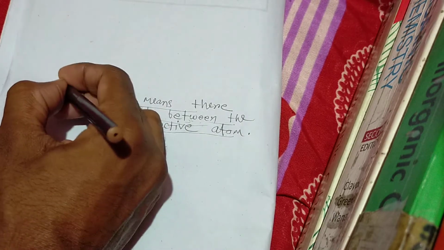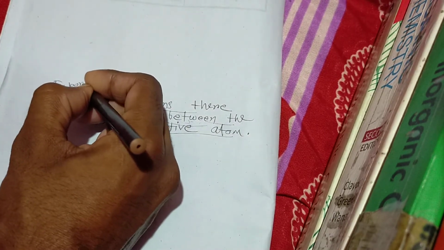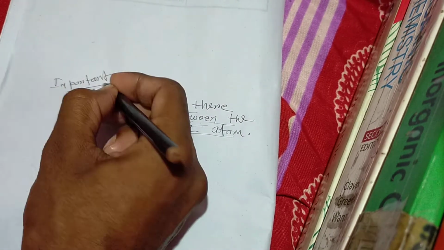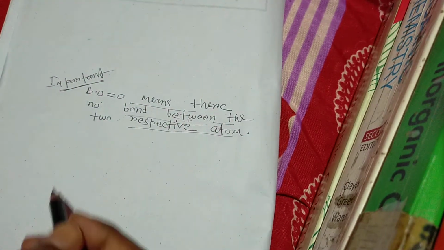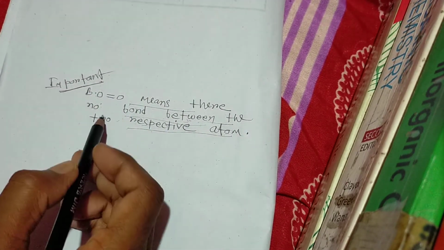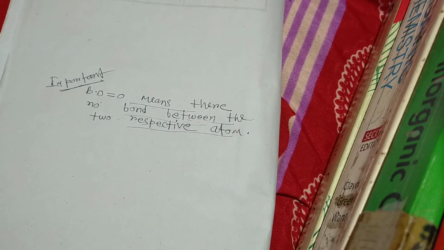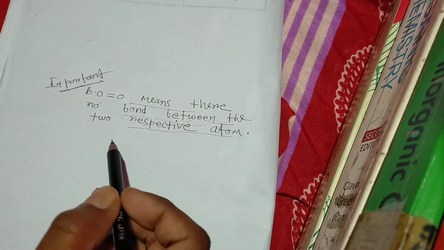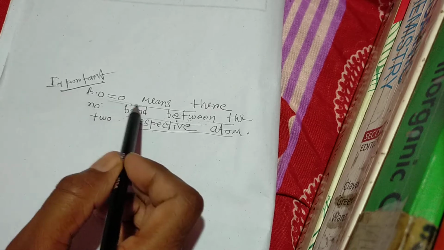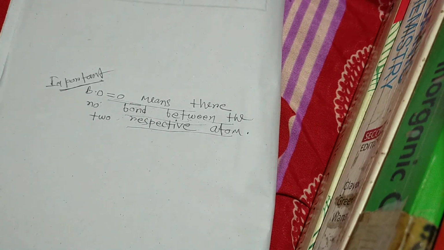It is very, very important, because it is very important from your exam point of view, for competitive exams as well as board exams. Because you see, bond order actually defines whether a bond formation occurs.